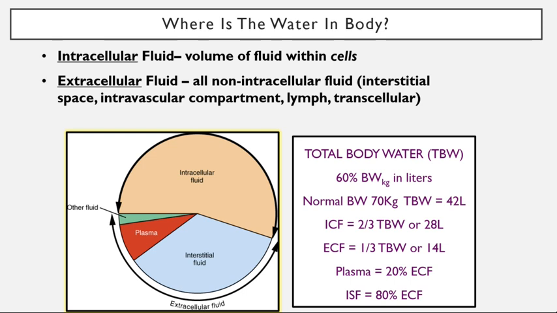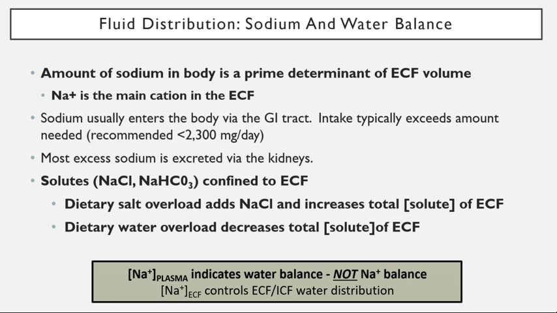So when it's in between the cells and the vasculature, that is the interstitial fluid. All right, so that's what that is. That's going to be really important for this lecture today.